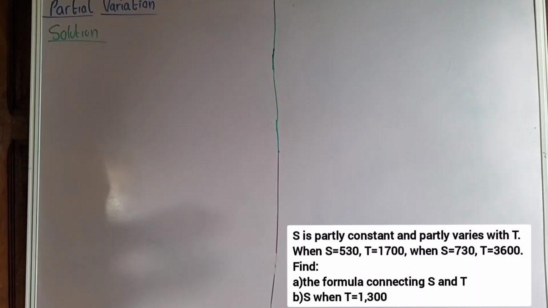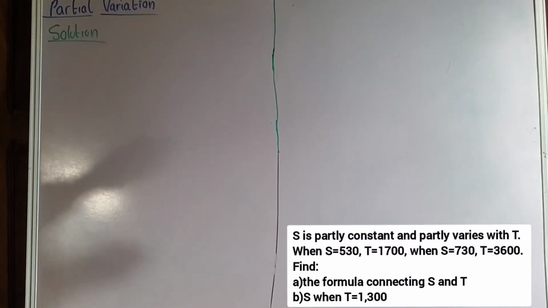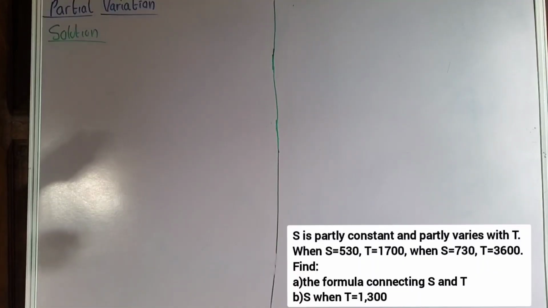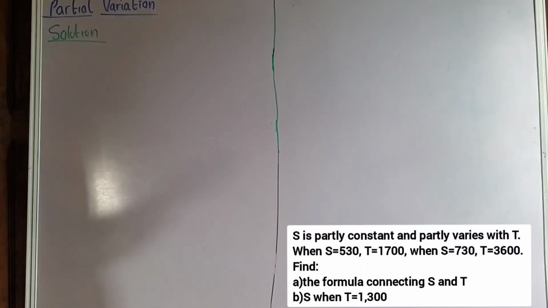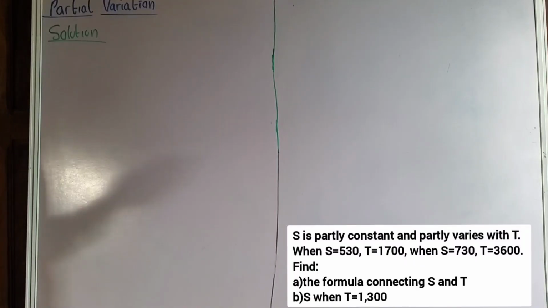Let's consider this question on partial variation. S is partly constant and partly varies with t. When s equals 530, t equals 1600. When s equals 730, t equals 3600. Find A, the formula connecting s and t, and B, the value of s when t equals 1300.